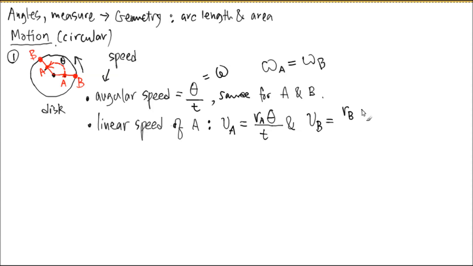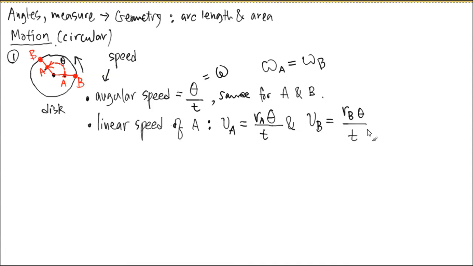Is it half of a theta or 2/3 of a theta? It's the same theta, right? That's exactly the same, divided by time. If you compare these two things, theta and t are the same, RA and RB are different, right? Therefore, we recognize it as a different quantity, and one is faster than the other. Does that make sense? Right.